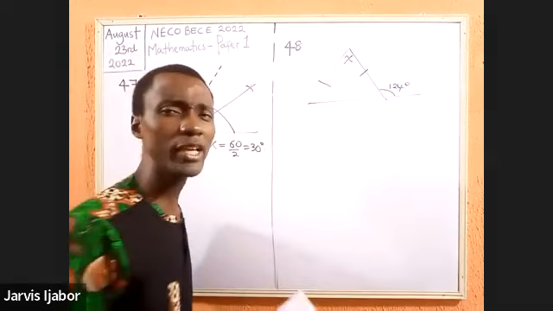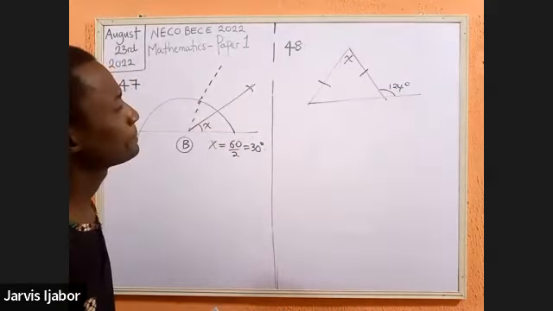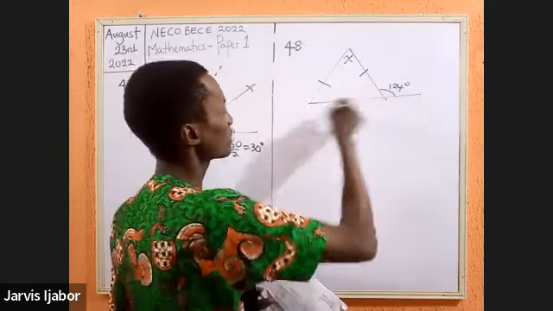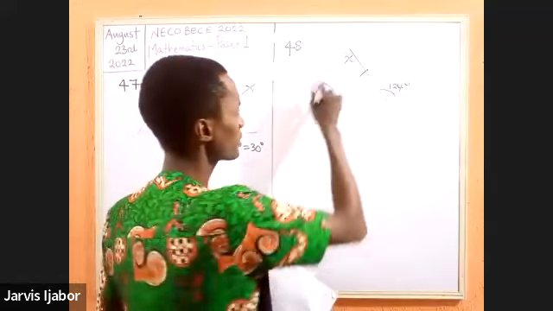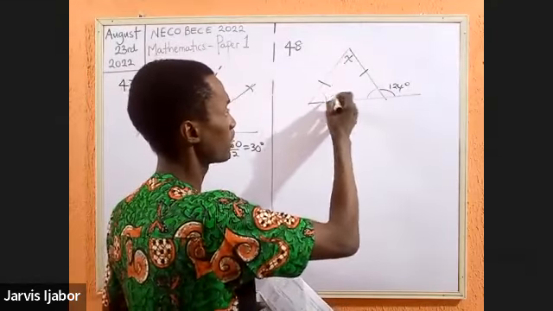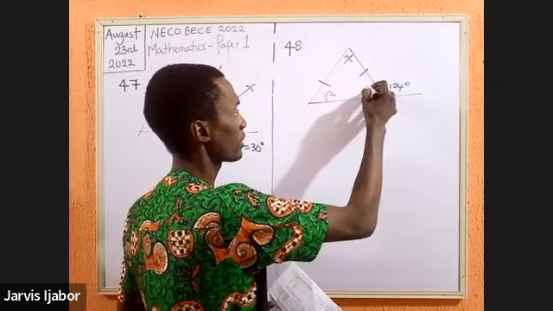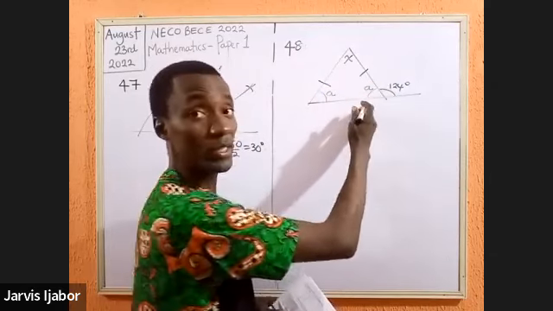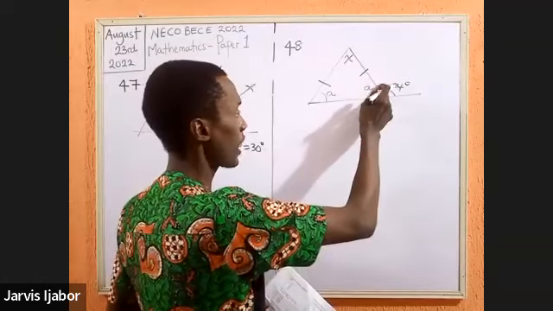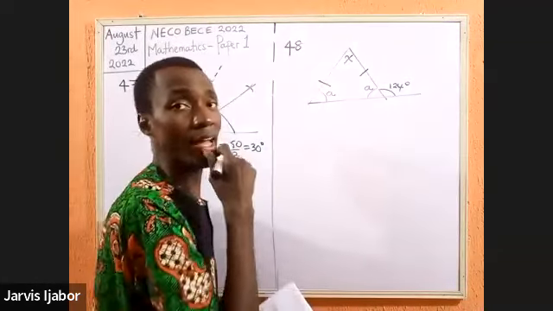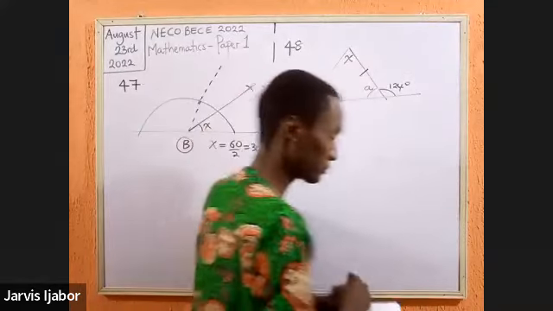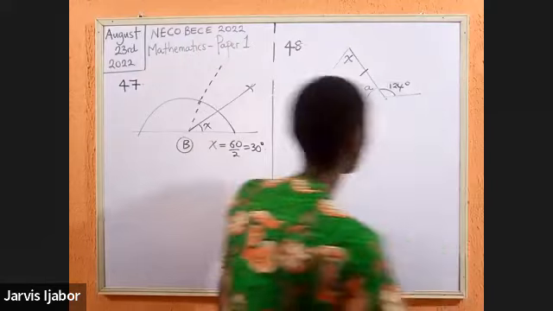Remember from your knowledge of types of triangles, this is an isosceles triangle, which means that this side, if I call it A, these two sides will be equal. So this angle will be equal to this angle. There are different ways to solve this. I'm opting to solve this one first.